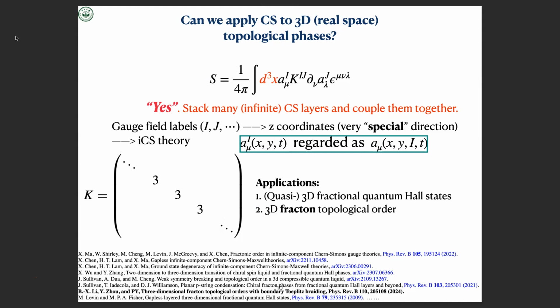Basically, I want to use this transition theory to describe some 3D topological order called fracton topological order. For example, for this K matrix, if we reinterpret ij as the coordinate along the z direction, the stacking direction, then you can find that the quasi-particles of each layer cannot move between layers.